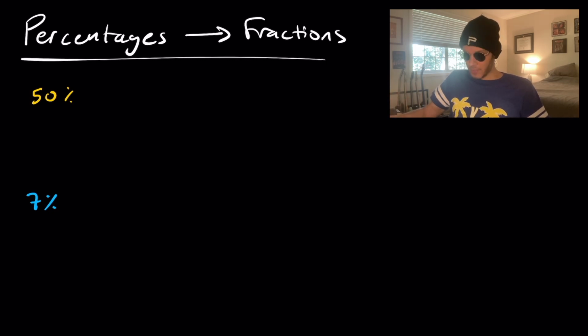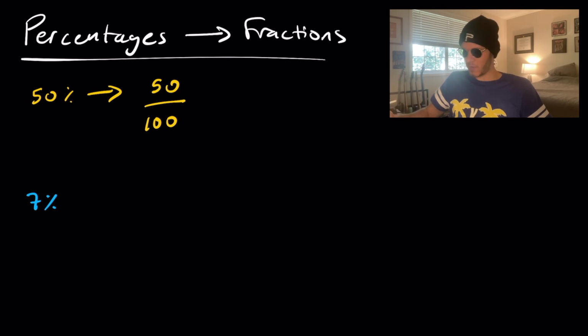Again, I mentioned this in the previous video, but we'll go through some examples to drive the point home. So percent, again, just means per 100 or for each 100. So anytime I see something as a percent, I can write it as a fraction out of 100. Here I've got 50%, and we're going to write that as 50 out of 100. This is a fine answer.